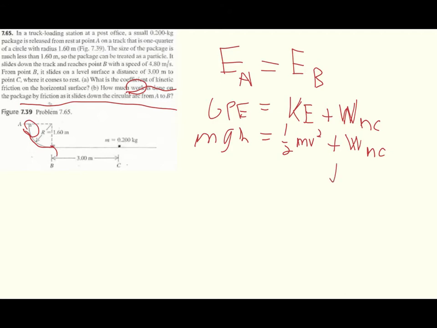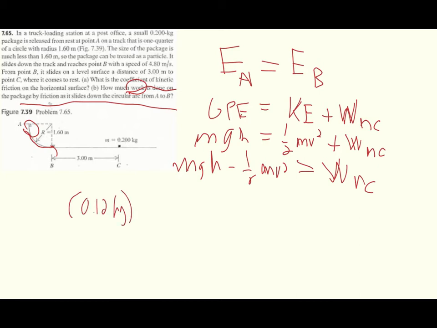So that means the work done is going to be just mgh minus 1/2 mv squared. So now we just plug in all the numbers. That's 0.12 kilograms times 9.8 meters per second squared.